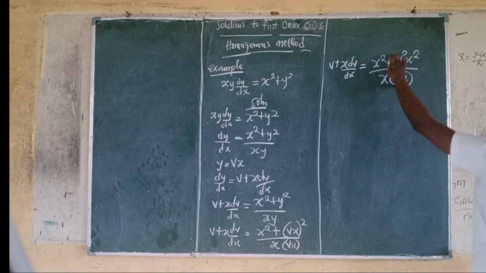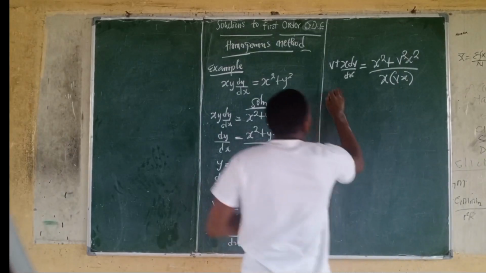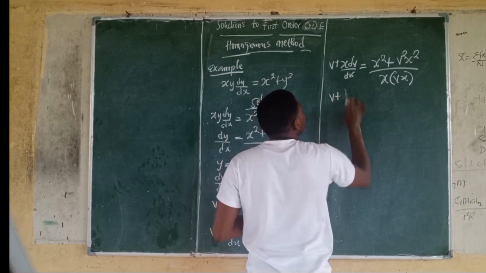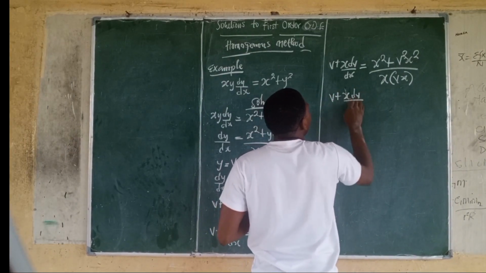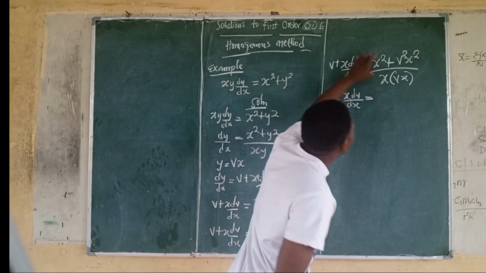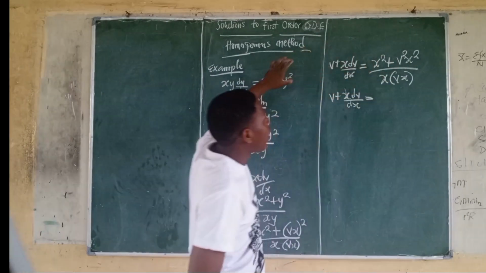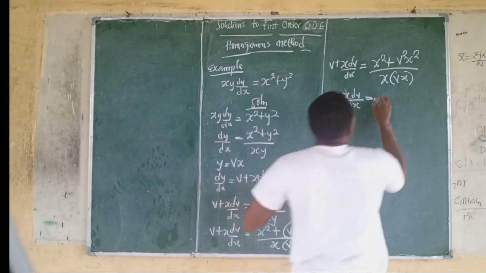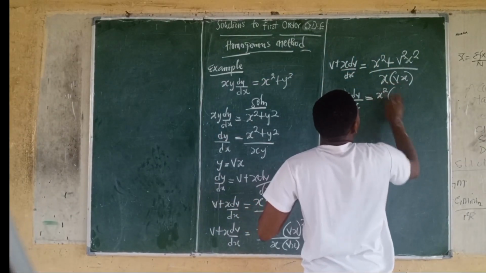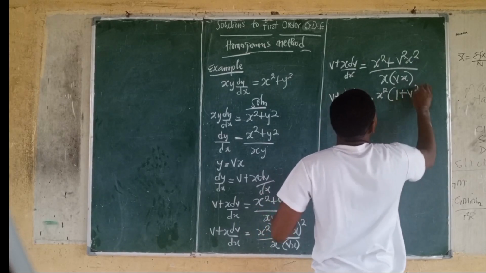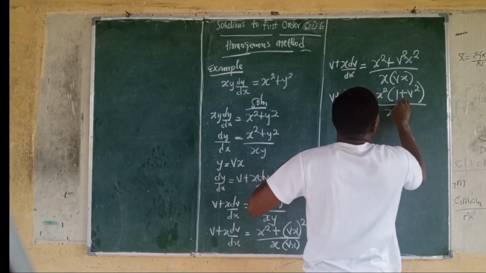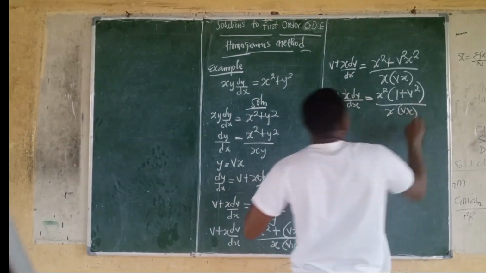We can still simplify this further. We are seeing x squared, so we can factor out x squared. Factoring out x squared, we have x squared bracket 1 plus v all squared over x times vx.